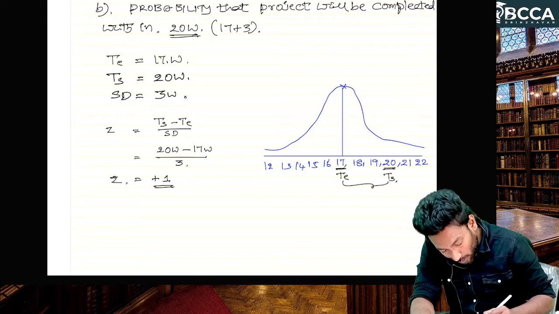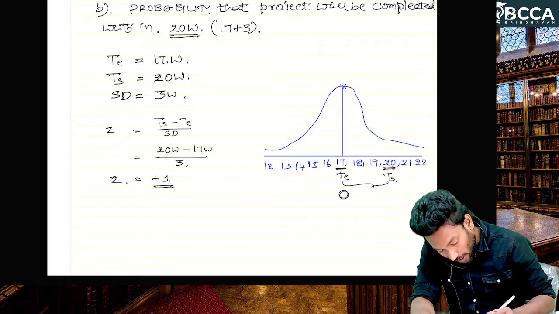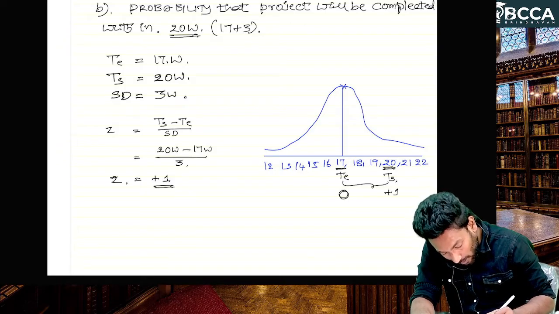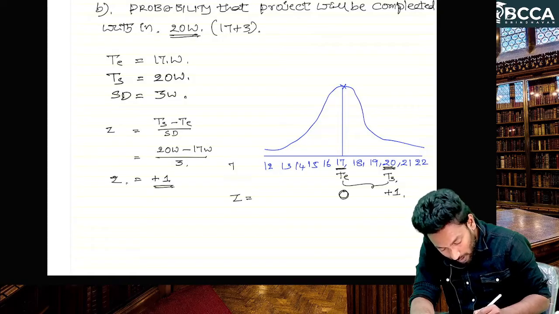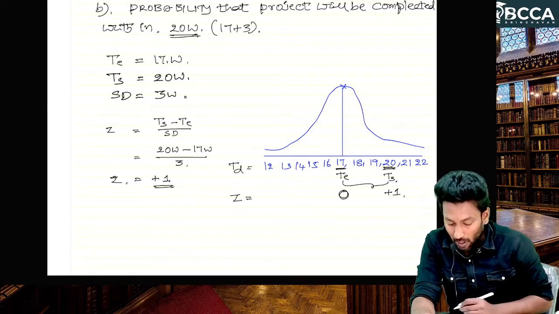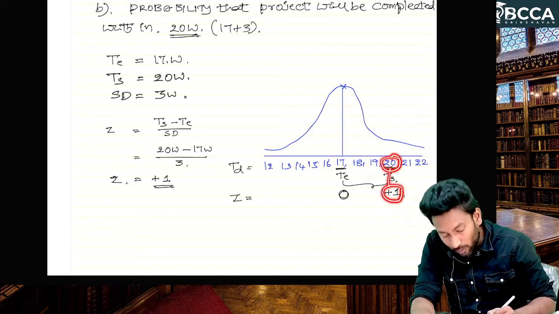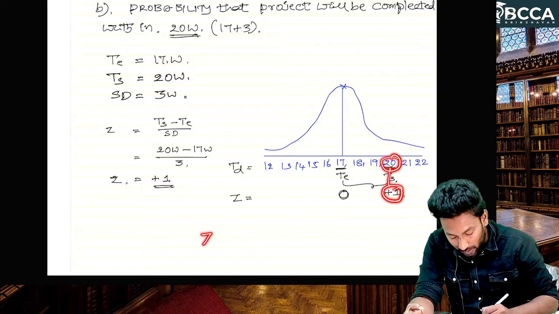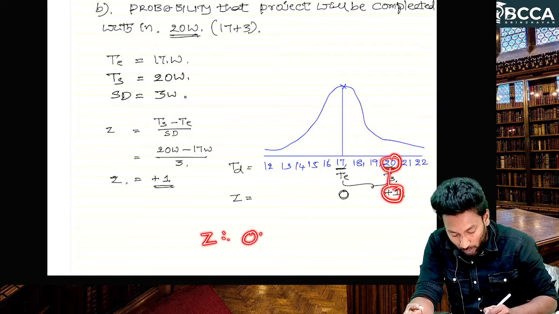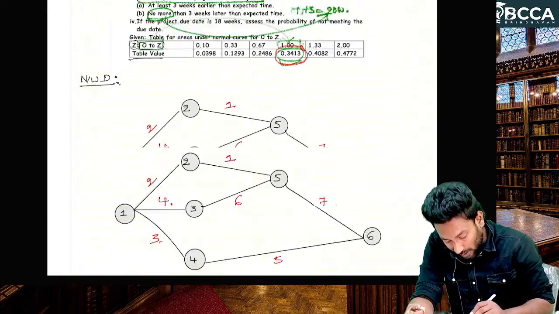Here we will have Z value 0. At this 20 our Z value is plus 1. These all are the Z values, these all are time duration values. In the question they have given for each Z value, 0 to Z. So look at the question once again.